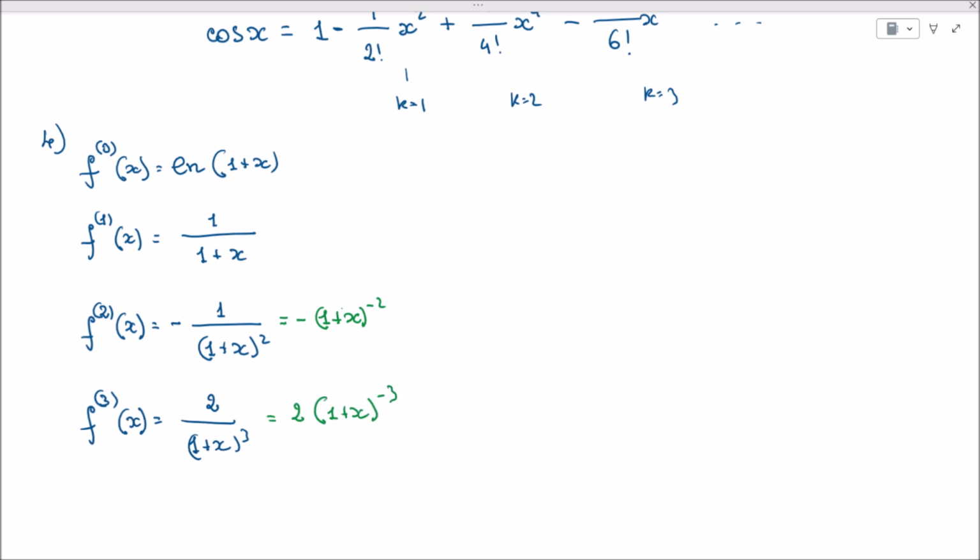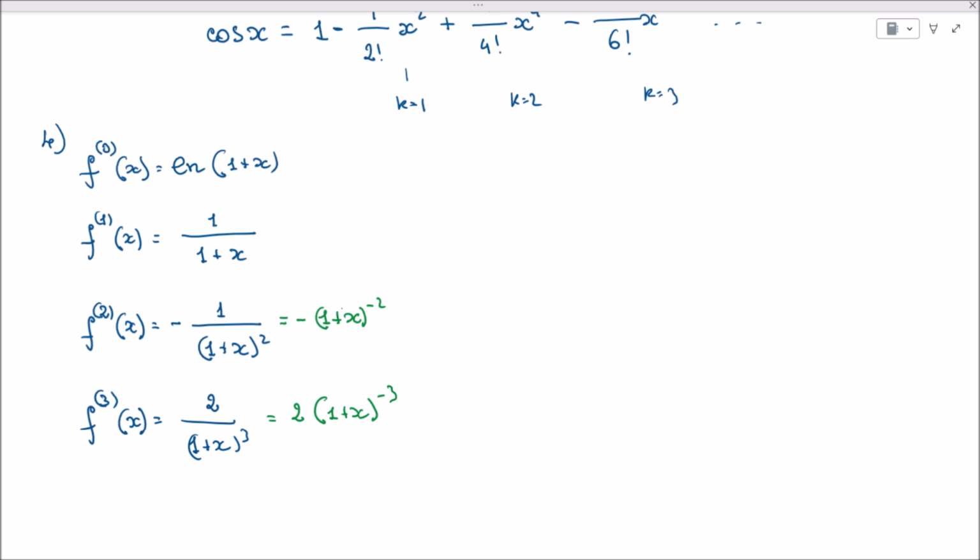So it will be easy then to write the fourth derivative as simply minus 2 times 3, 1 divided by 1 plus x to the fourth.